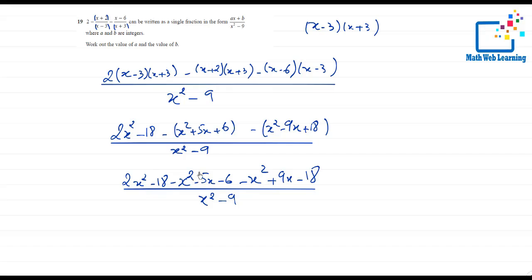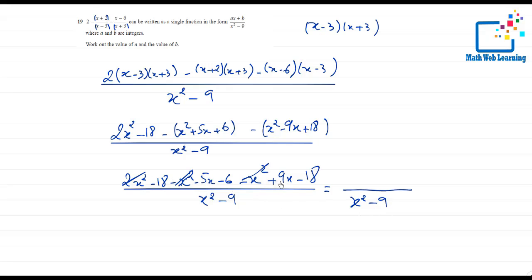Let's simplify. You've got 2x squared minus x squared minus x squared. So all these will cancel out. The 2x squared minus x squared is 1x squared, and 1x squared minus 1x squared is going to be 0x squared. That will eliminate. Let's just copy the denominator down here. Let's do the x now.